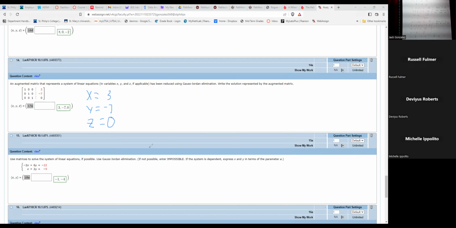Number 15, they want us to solve with the matrix. So first change it. So let's do it using the other configuration.